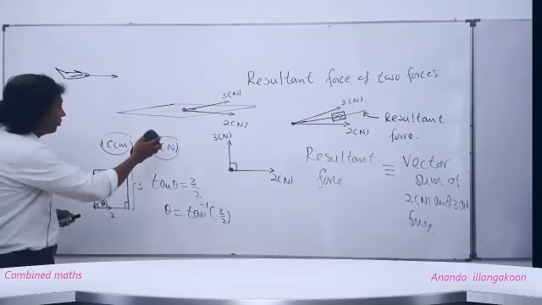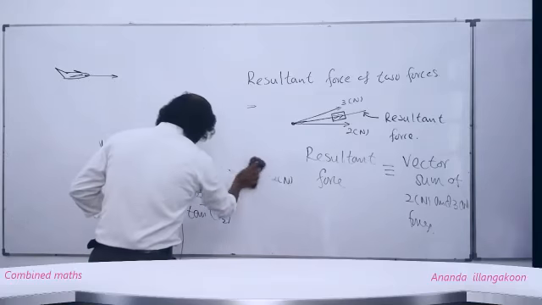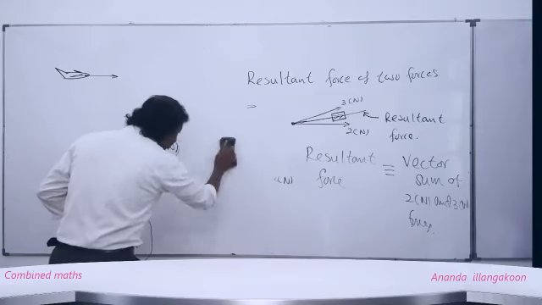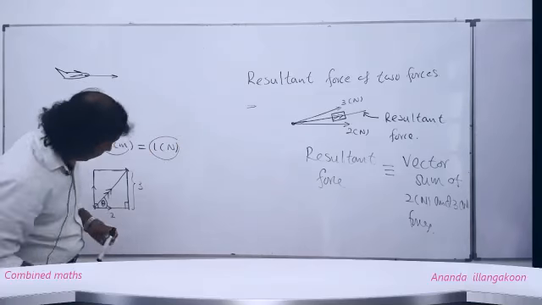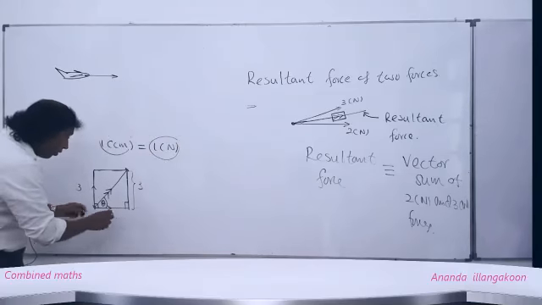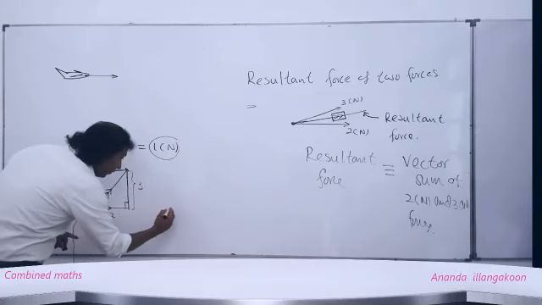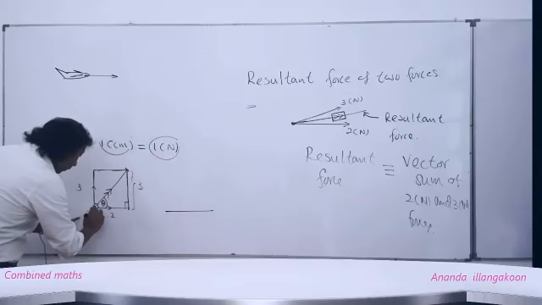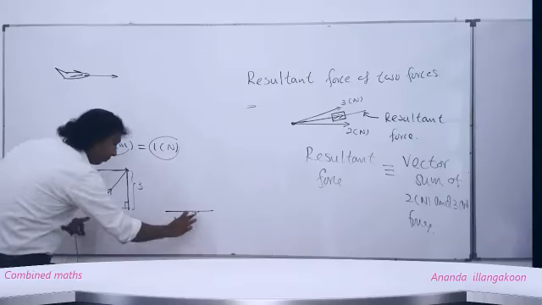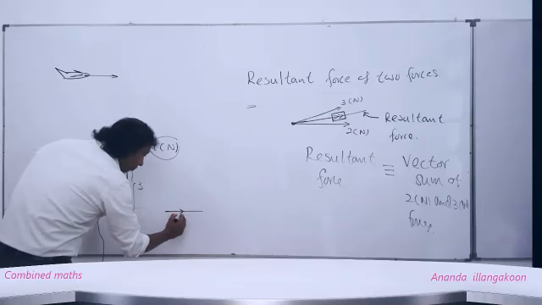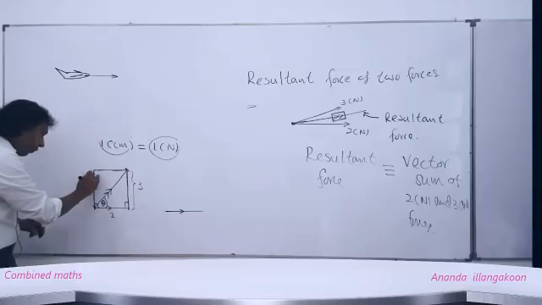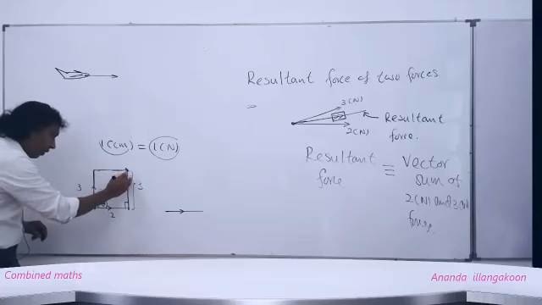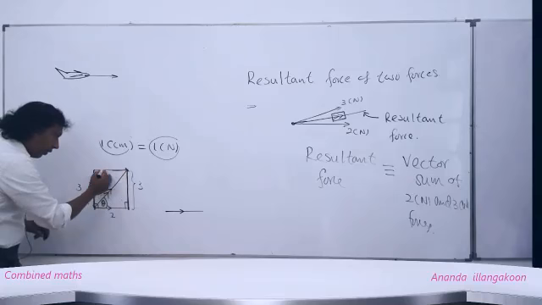Then see like this. Now, this force I represent by this line segment, right? Okay. Now, people, you know, this length and this length are equal. Why? This is the rectangle, no?